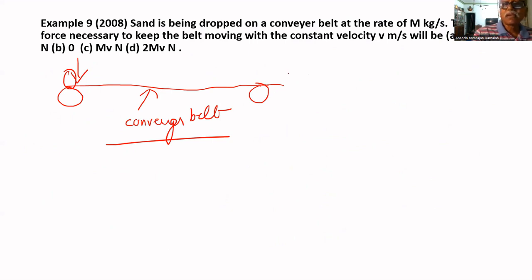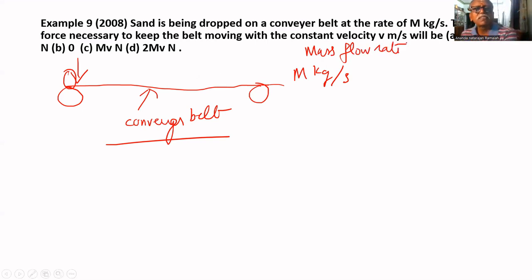It transfers the material at the rate of m kg per second, this is called the mass flow rate. The force necessary to keep the belt moving at constant velocity v will be what? We have to find the force required.